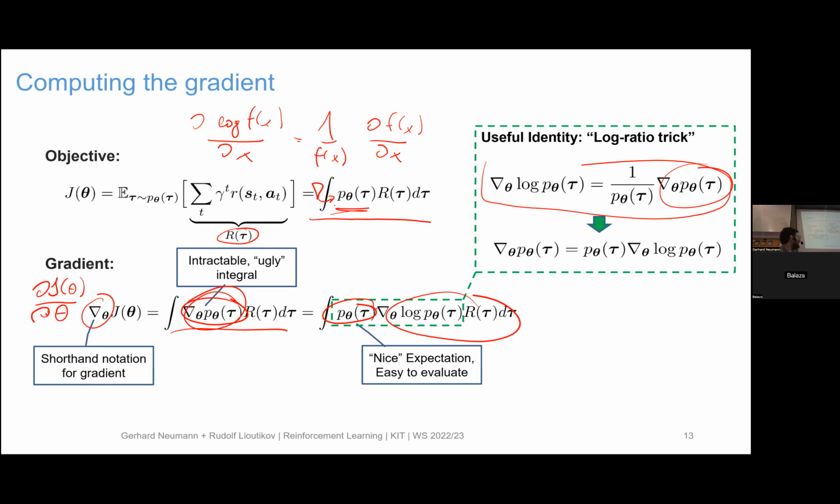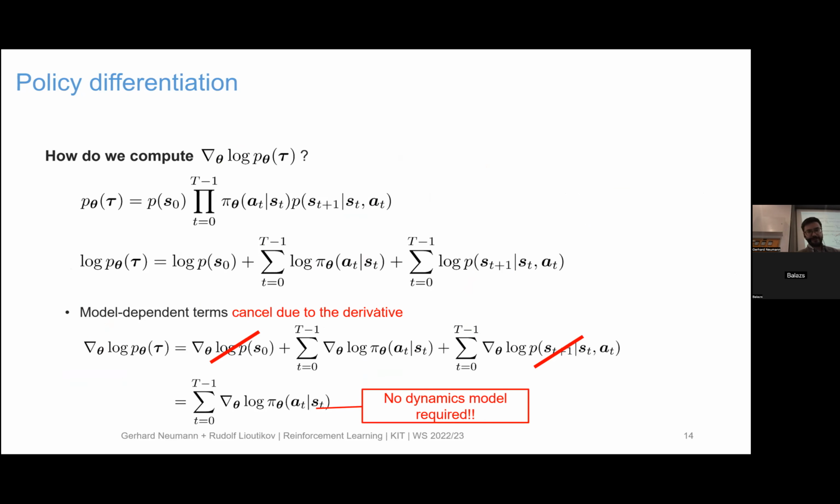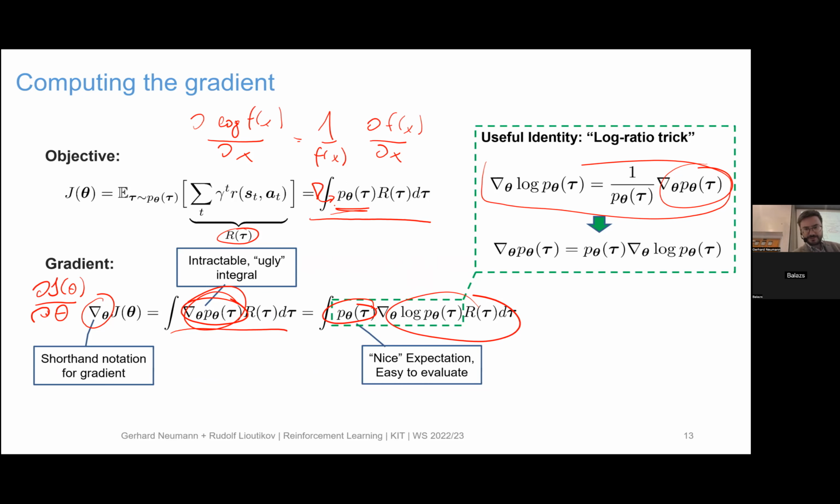So this is a nice expectation. I can evaluate it by sampling from p of tau. And which basically leaves us to the part of computing this guy, the derivative of the log of the trajectory distribution.